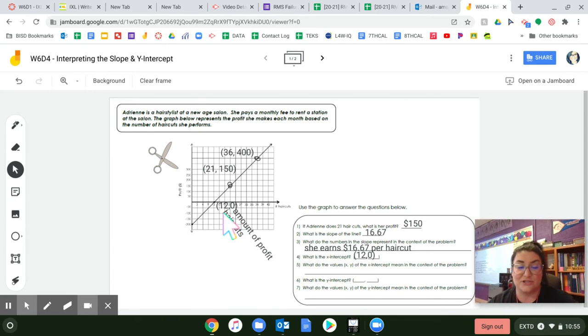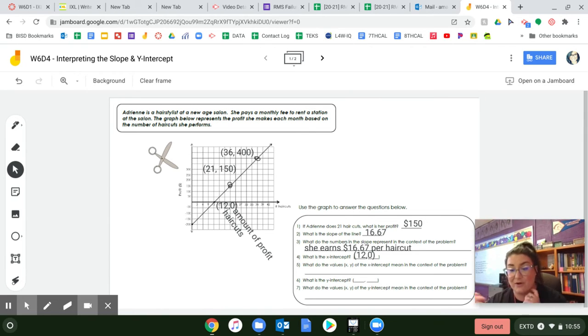So our x-intercept here, 12, 0, means that she's not earning any profit or any money until she does 12 haircuts. Those 12 haircuts are paying for her monthly fee it talks about, the rent, it might be electricity, it might be the water, it might be supplies, it might be a starting fee.